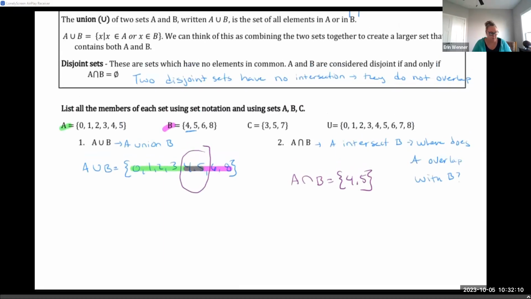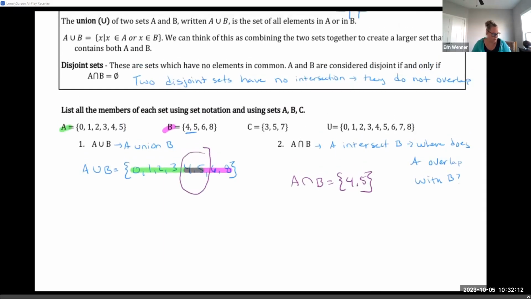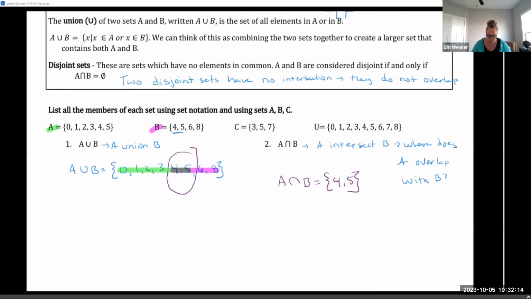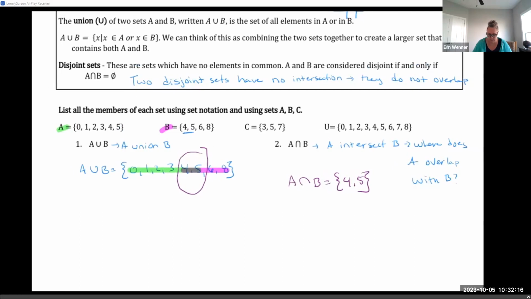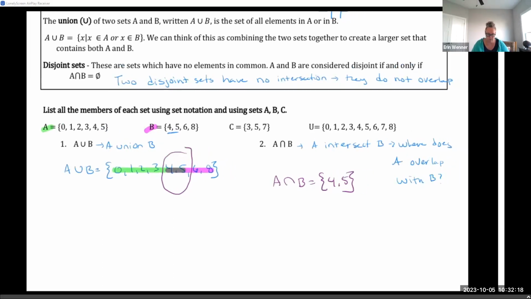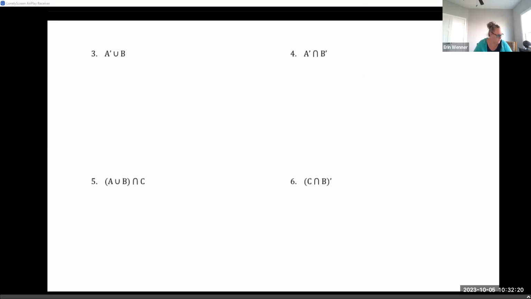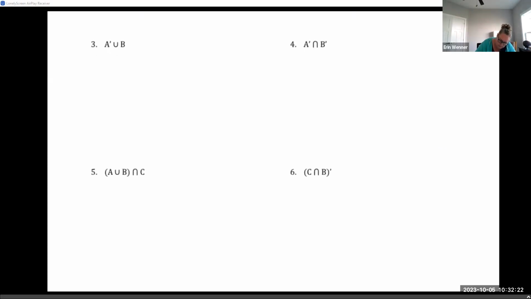So, all right, we're going to go to the next page. And we want to bring these sets with us. So I'm going to flip the page and write the sets down again so that we have them for referencing for these things. So again, A is equal to 0 through 5. So 0, 1, 2, 3, 4, 5.